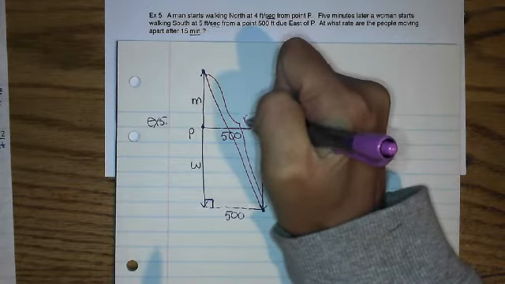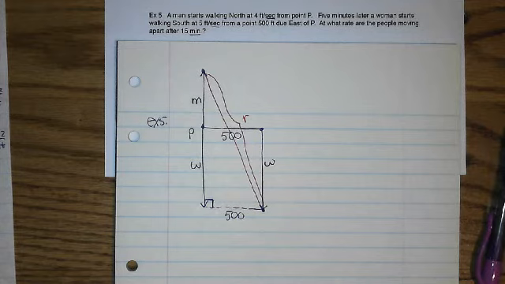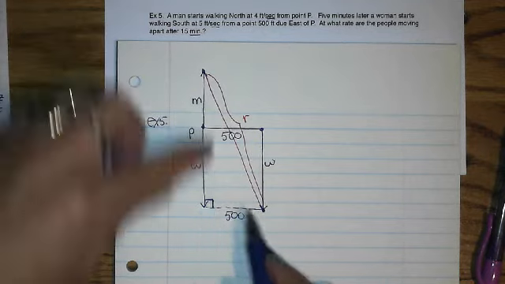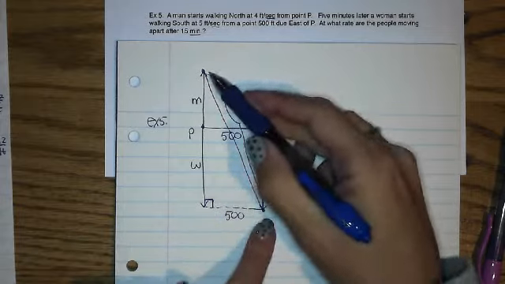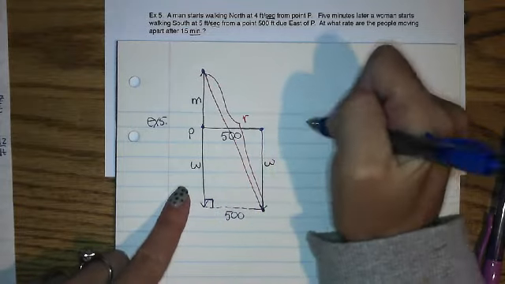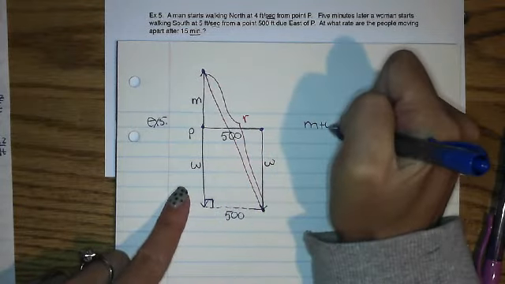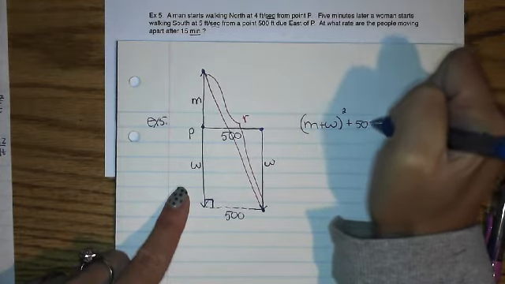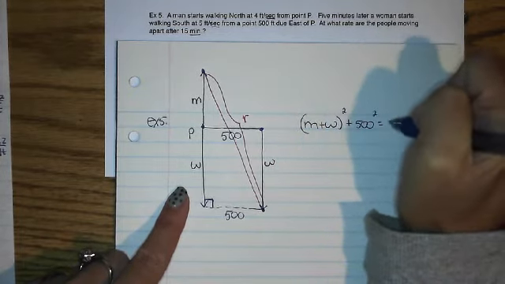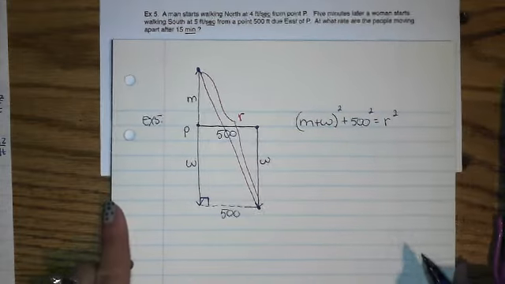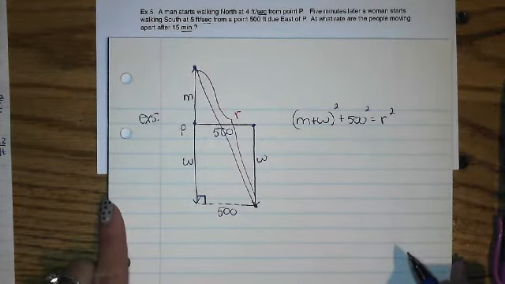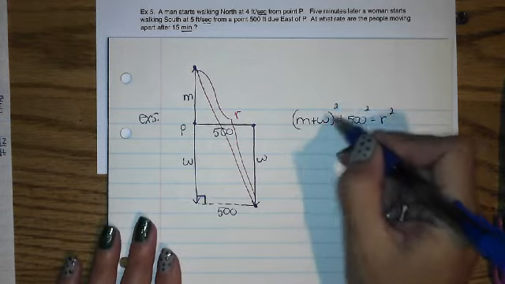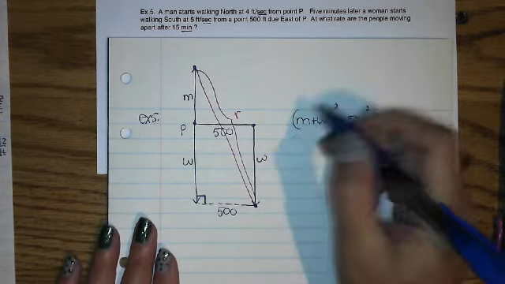So my equation with the Pythagorean theorem, and we'll call that pink one R for a rate: this side of the triangle squared plus the 500 squared equals R squared. So this side of the triangle is (m plus w) squared plus 500 squared equals r squared.